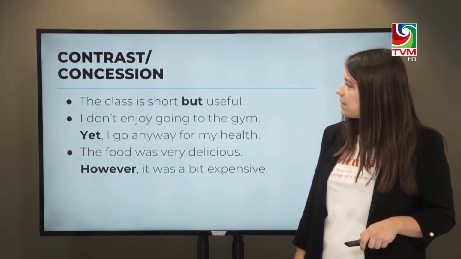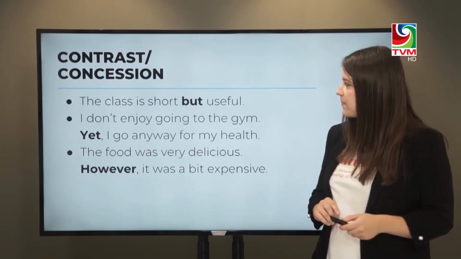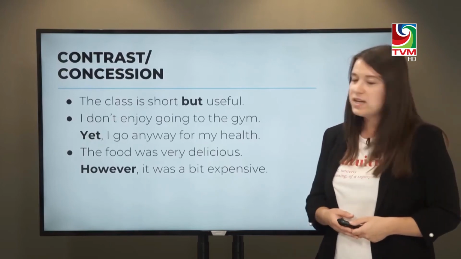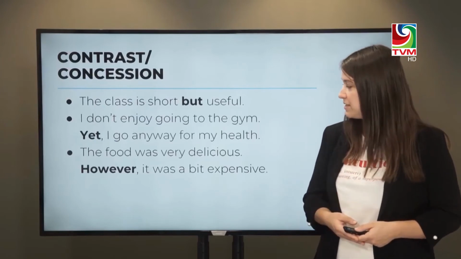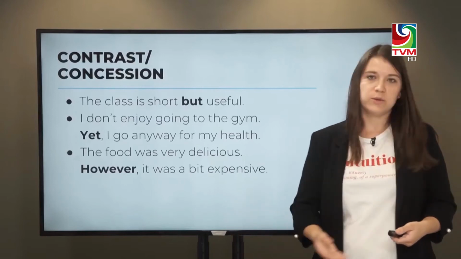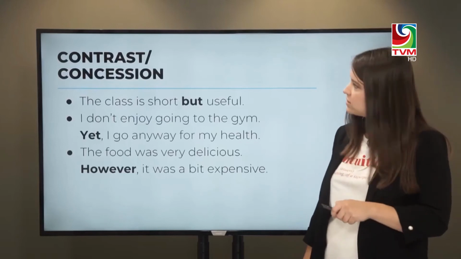Okay, so in these examples, the class is short but useful. I don't enjoy going to the gym, yet I go anyway for my health. The food was very delicious, however, it was a bit expensive. Okay, so here you're contrasting two ideas with these sentence connectors.